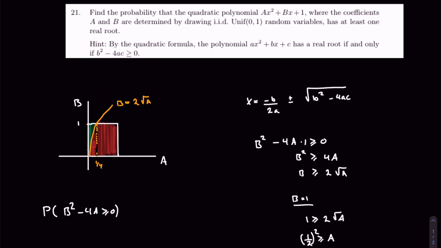The probability of the valid region: we can start by saying that b squared minus 4a has to be larger than 0. This is basically the probability of this condition being fulfilled.